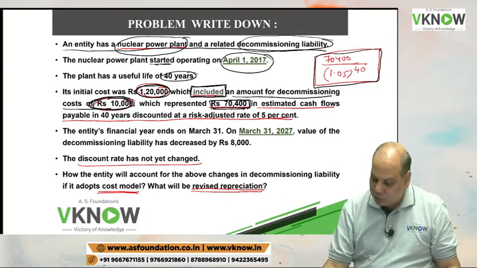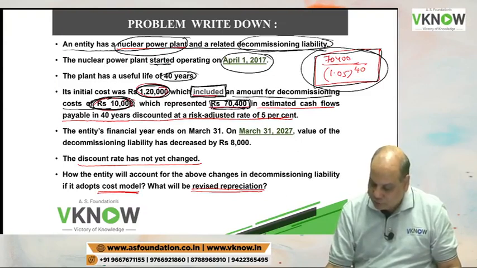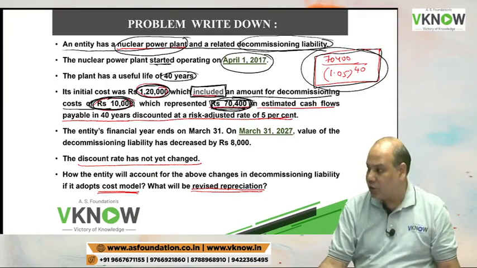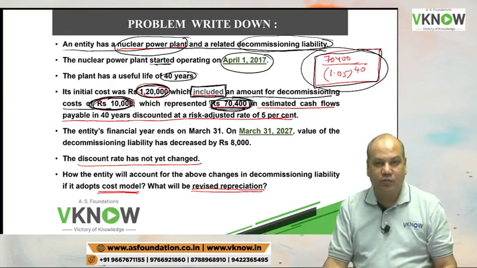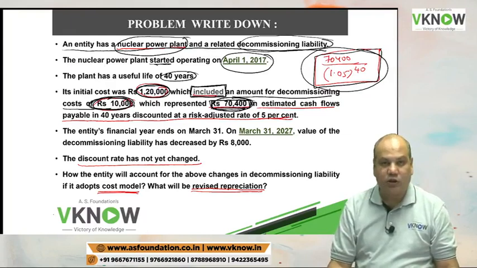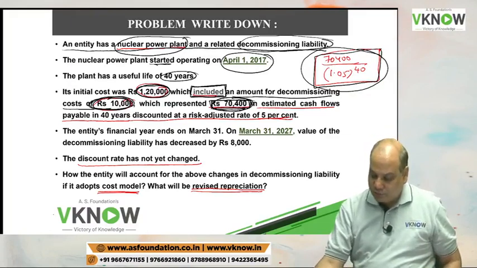Why I am telling you, suppose they don't give you that 10,000 rupees figure, then you'll have to take this 70,400 divided by 1.05 to the power 40, and the students have confirmed that they are getting around 10,000 rupees. If you are getting a slightly different answer, it is because the institute has rounded this off.